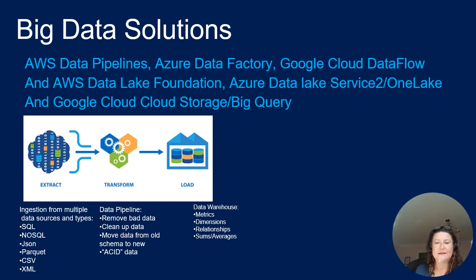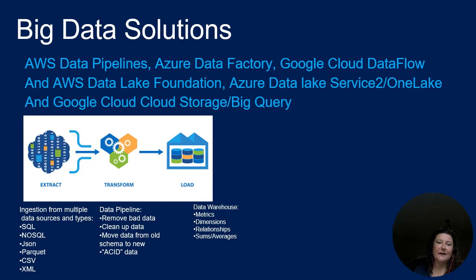Data pipelines basically move the data from one state to another, which typically involves cleaning, removing bad data, that kind of stuff at the first stage. Subsequent stages will be things like moving data from an old schema to a new schema, joining data across different data types, or putting a bit of ACID on top of the data.